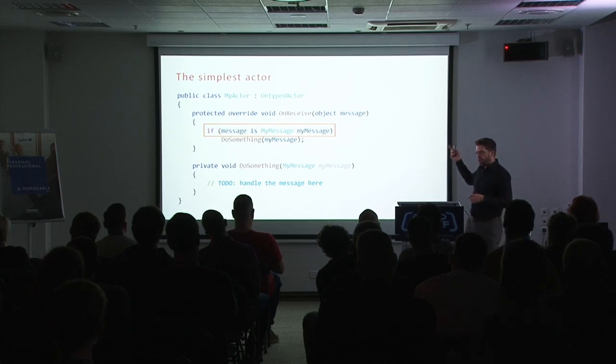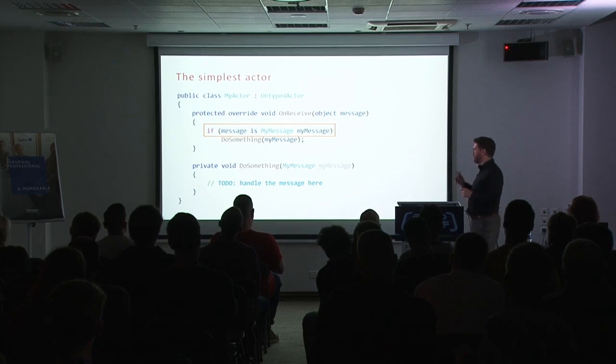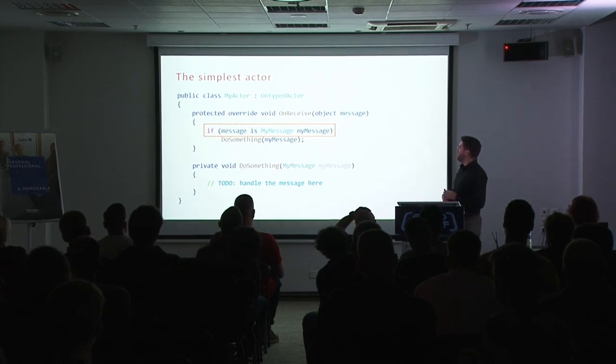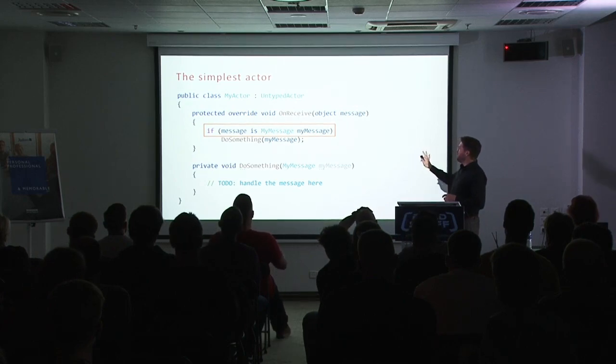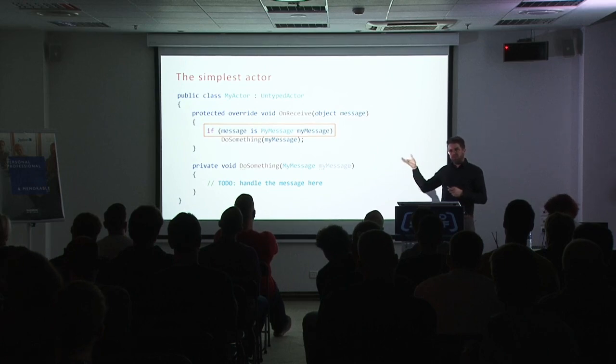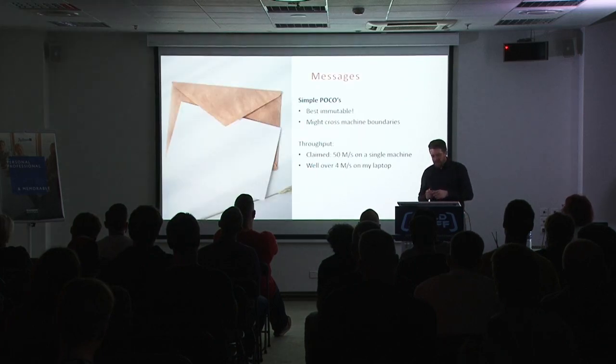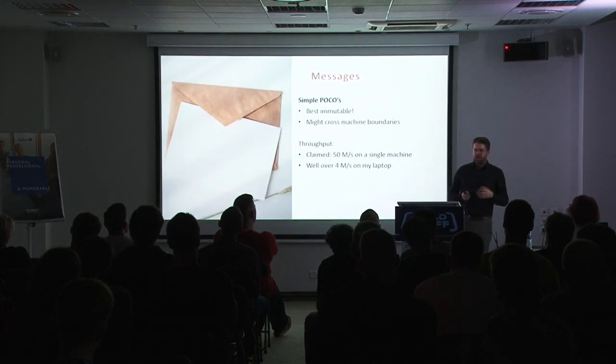There is a strongly typed version that will feel a lot more comfortable for all you C# developers in a couple of slides. So don't get worried too much about the interface. But this is the simplest one you can do. All of the messages from the inbox are just going to be dispatched to the OnReceive method one by one. Okay?